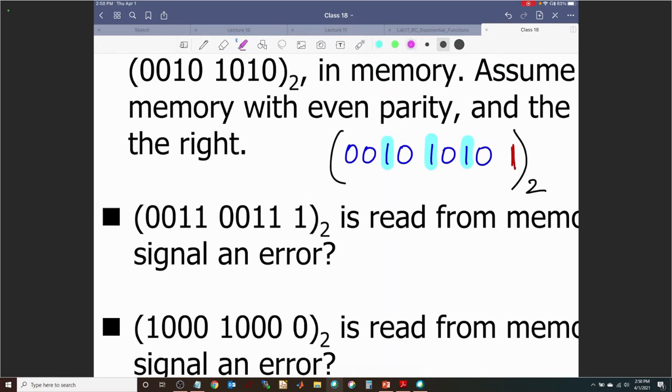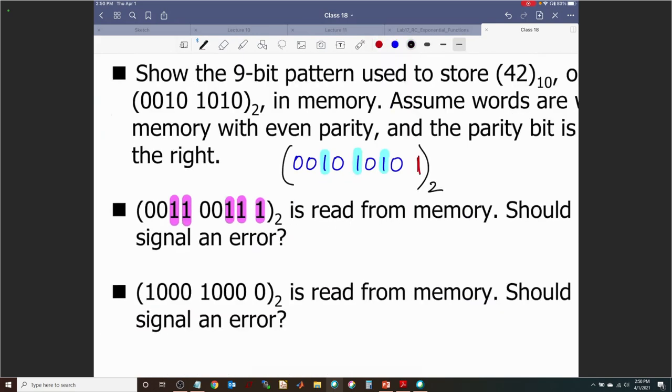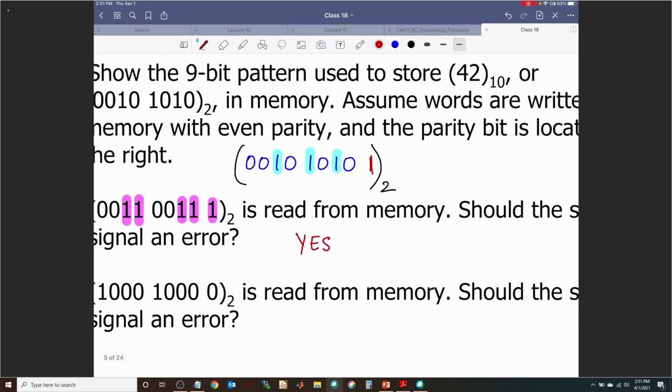Let's see. 1, 2, 3, 4, 5. There are 5 ones in this, indicating odd parity. So yes, of course, some error has occurred. I don't know how many errors have occurred, but I definitely know that an error has occurred, and the reason for that is that the 9-bit code word has odd parity.